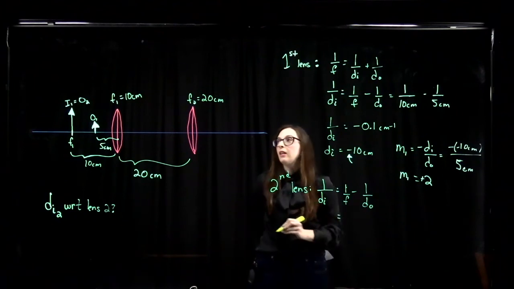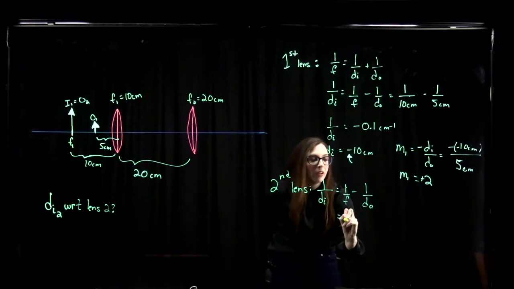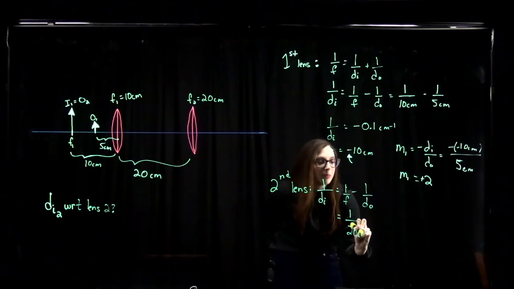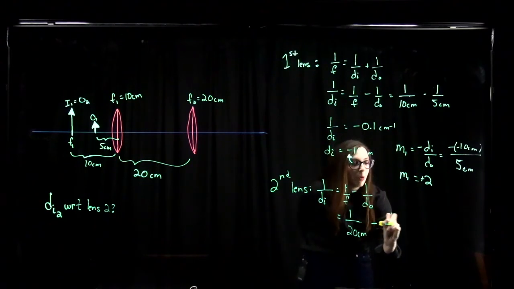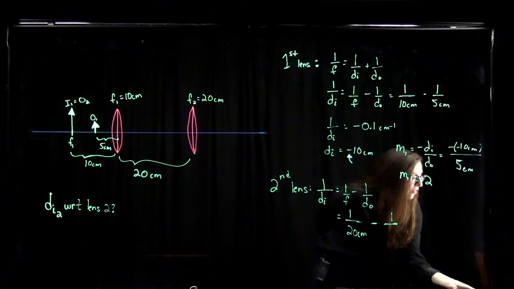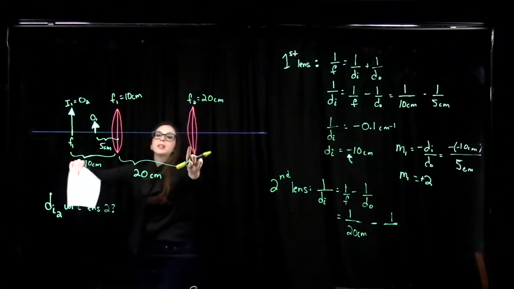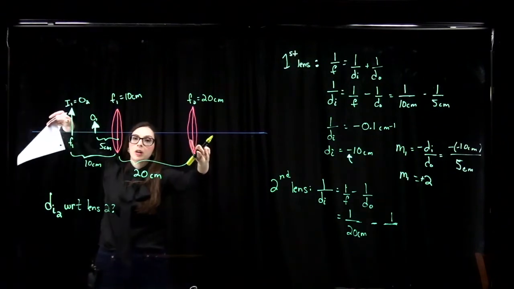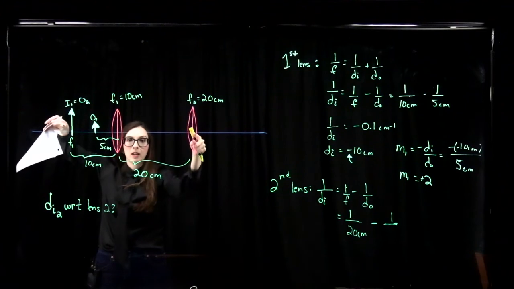So the focal length of our second lens was 20 centimeters. So this is 1 over 20 centimeters minus 1 over, what's the distance that our object is away from the lens for our second lens? Remember we said that the image that we created from the first lens is going to be the object for our second lens.